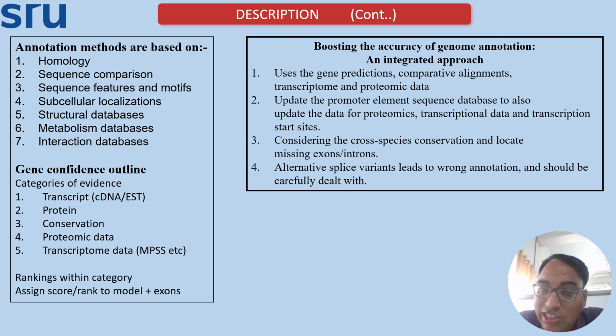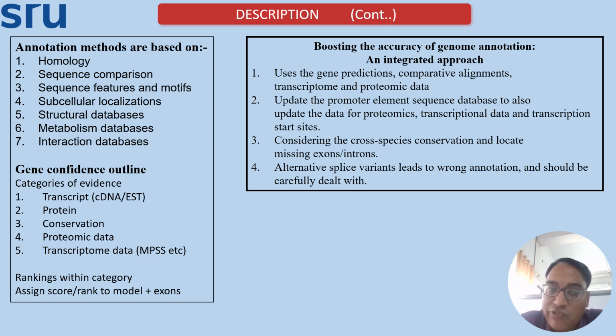I'll also consider the crisscross conservations. If some crisscross conservations are there in different species, I consider them because some sequences may be bigger, some may be smaller, but I still may have the conserved sequence segment. These are crisscross because the conserved element is now shifted a bit distant. I'll locate the missing exons or missing introns.